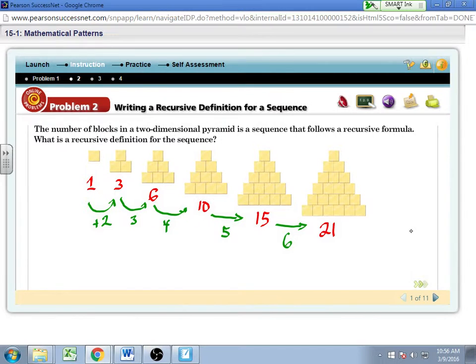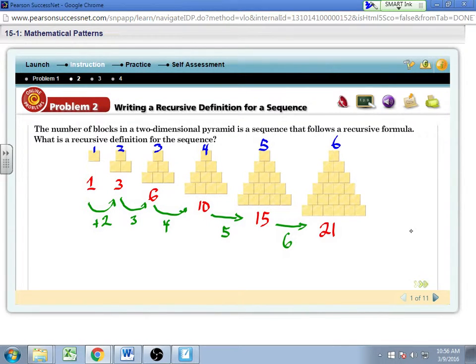I was going to say that it seems to add the number of that term to the previous term. To get to term 6, we added 6. To get to term 4, we added 4. To get to term 2, we had added 2.